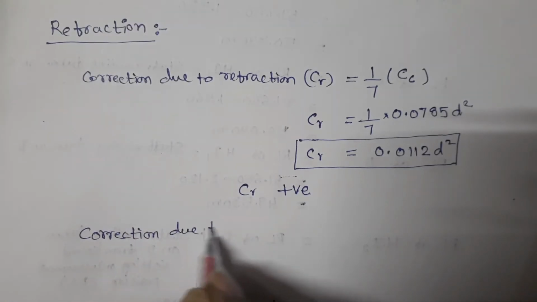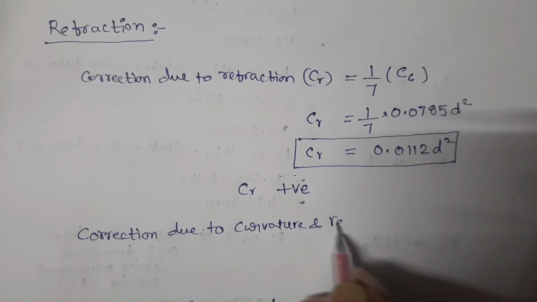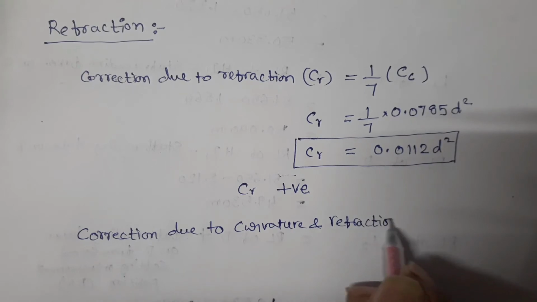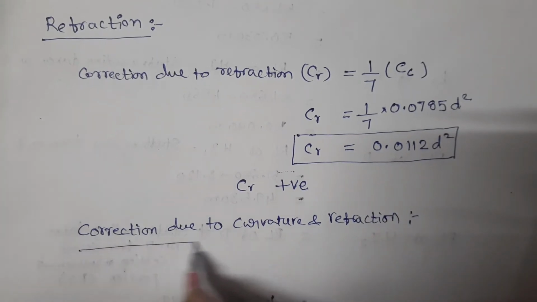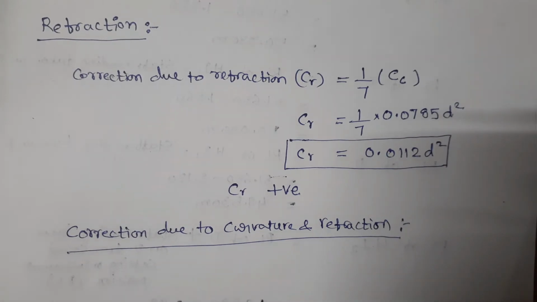Correction due to curvature and refraction. Due to this combination of curvature and refraction effect, the sighted point will appear lower than the true position. Therefore, this combined correction should be deducted from the observed staff reading.